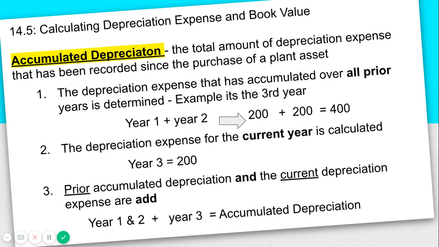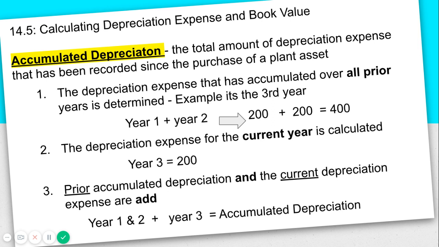Accumulated depreciation is the total amount of depreciation expense that has been recorded since the purchase of a plant asset. So the depreciation expense that has accumulated over all prior years is determined. Example, it's the 3rd year. So we take year 1 plus year 2.